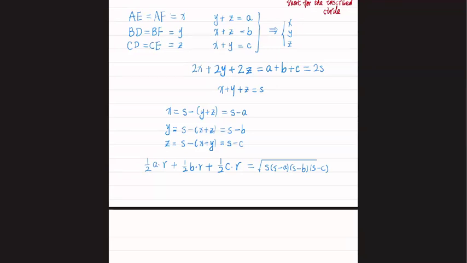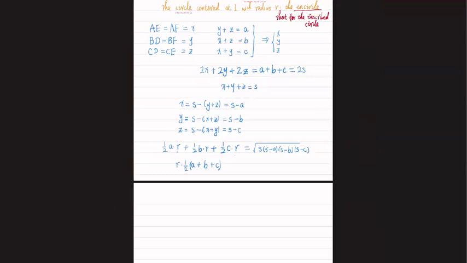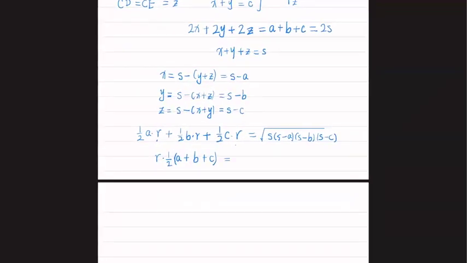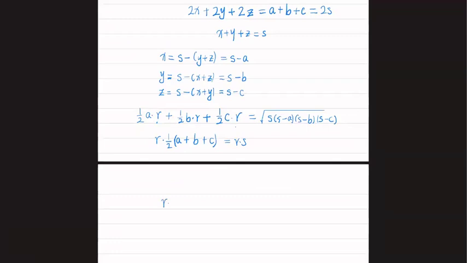Okay, a little bit of algebra. R is a common factor. If we pull out R, we have 1/2 (A plus B plus C), and this is our half perimeter S. So we have the formula RS, the summation of the three small triangles, equal to the total area of the big triangle.